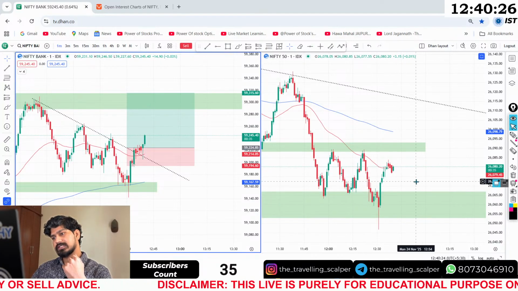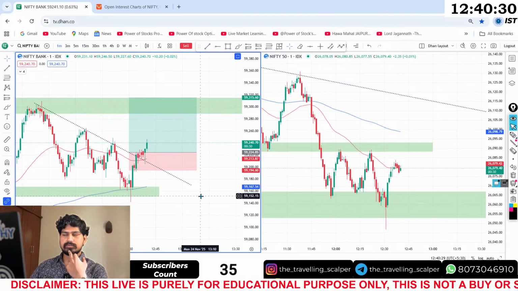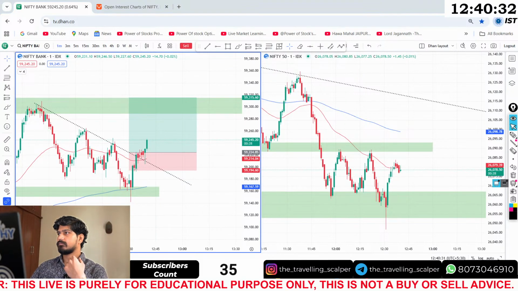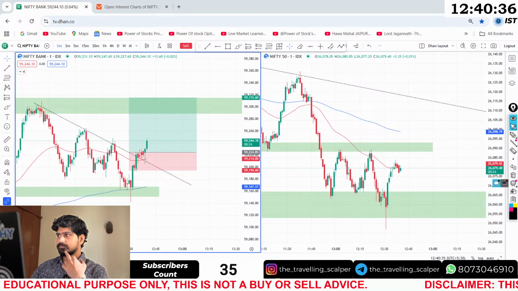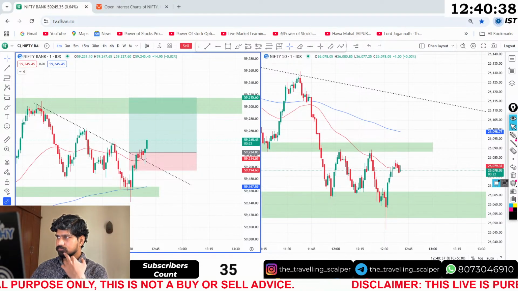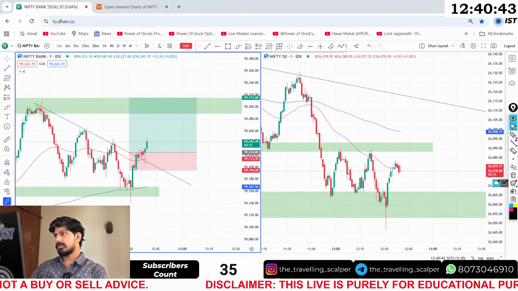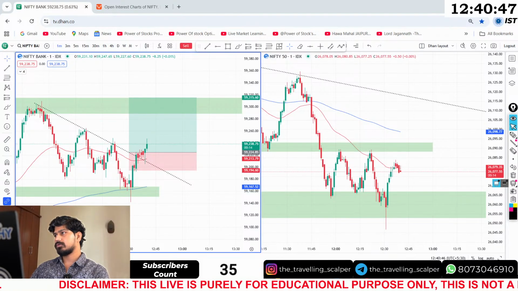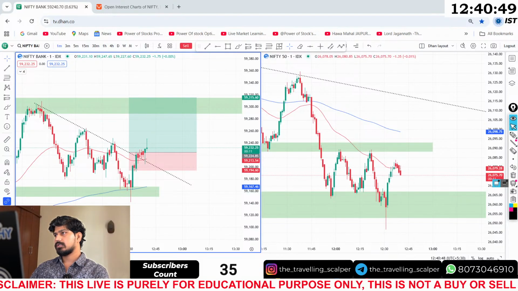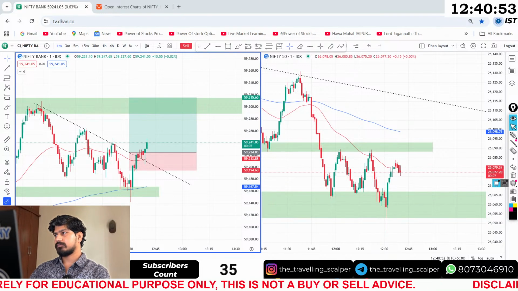Nifty first, confidence for an upside trade. But in Bank Nifty I'm getting all the confidence to get into the trade. Premium prices are also moving superb. Premium price our entry point is 201 and stop loss will be around 186. Target will be around 250, 251.